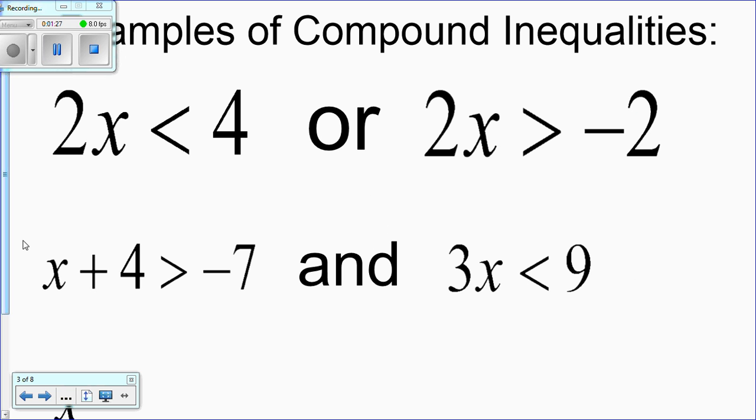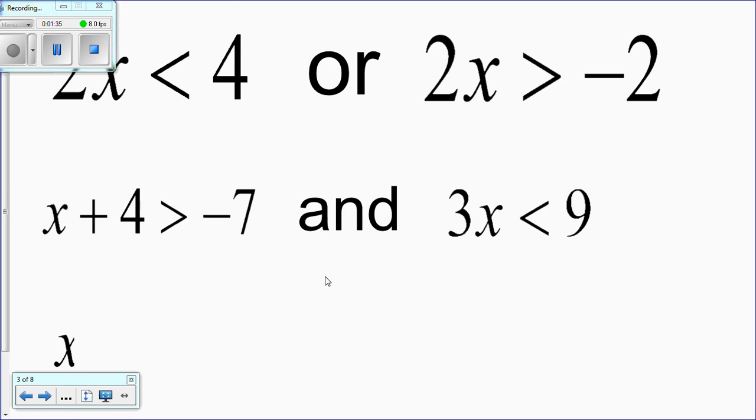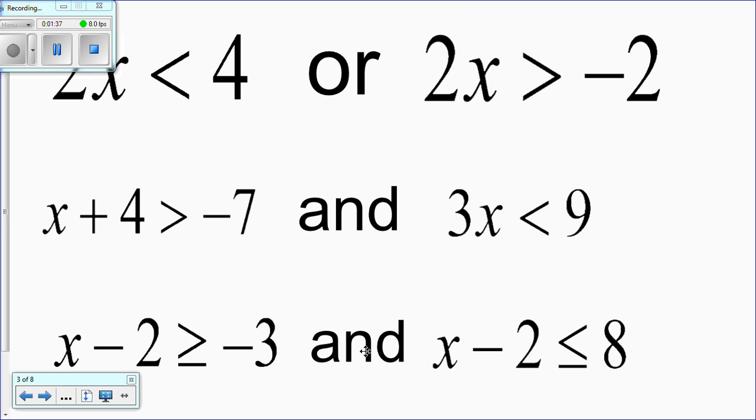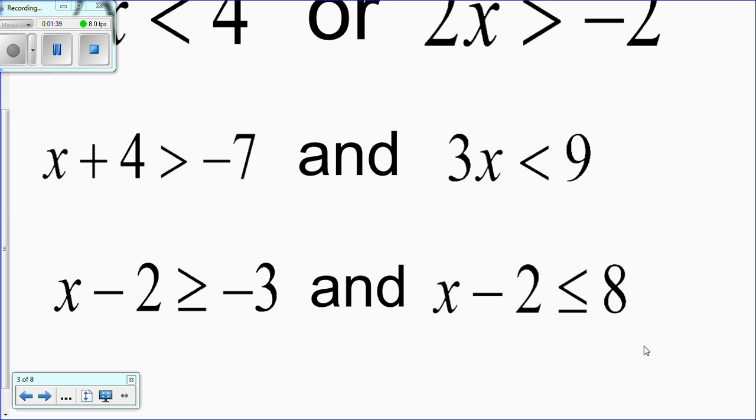Here's another one with the word and. They could be two separate inequalities, and they just tell you and, so it's got to be within both of those parameters. Another one, again, the word and. With this one, I want you to look at the x side: x minus 2, x minus 2.